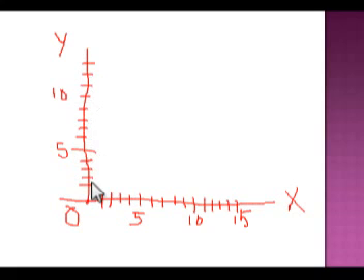So the equation: the first constraint we will treat as an equation, that is 5x1 plus 9x2 equal to 45.